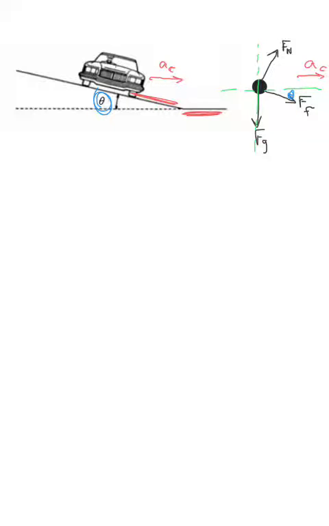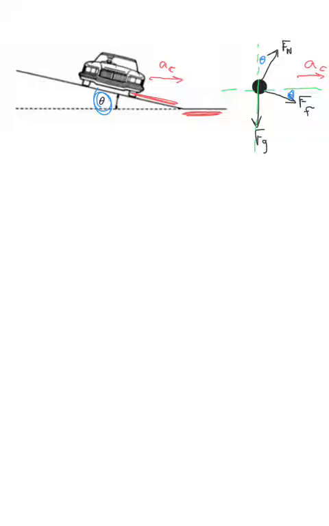If I drew this free body diagram directly on top of this car, you would see that this and this are alternate interior angles. And then since these two lines are perpendicular to these two axes, that means this angle right here is going to be the same as this angle right here. So we'll go ahead and label that one between the Fn and the y-axis. We're going to label that as angle theta also.